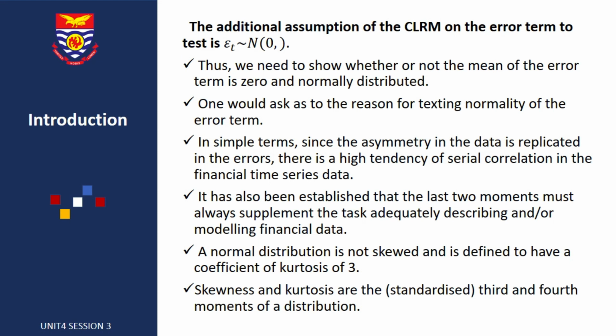So the kurtosis should be equal to 3, indicating that there is no excess kurtosis, which shows that the distribution is normally shaped, or bell shaped. So skewness and kurtosis are simply the third and fourth moment, and they are one way of testing for the normality of financial time series data.